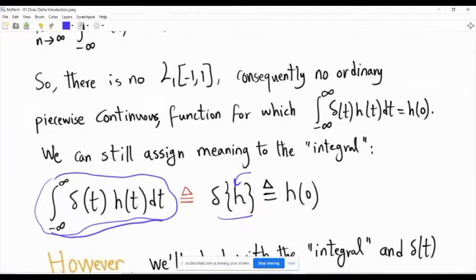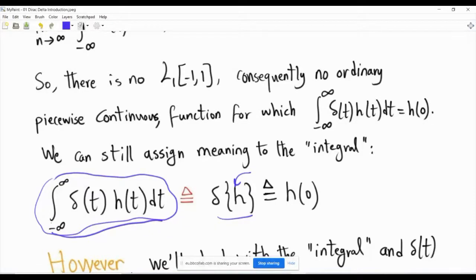They are not just continuous and well-defined over the whole real axis, they are infinitely differentiable, and all the derivatives are bounded. There is a big story to make this rigorous. But the takeaway message is that delta of t is better understood as a functional.